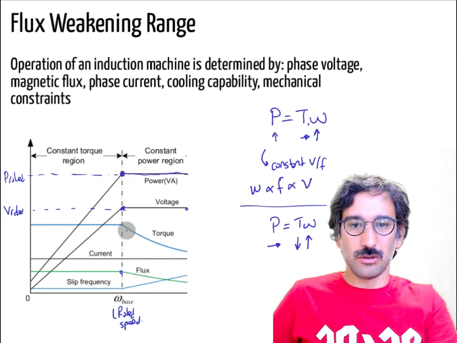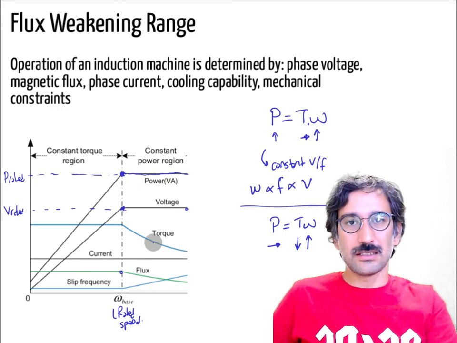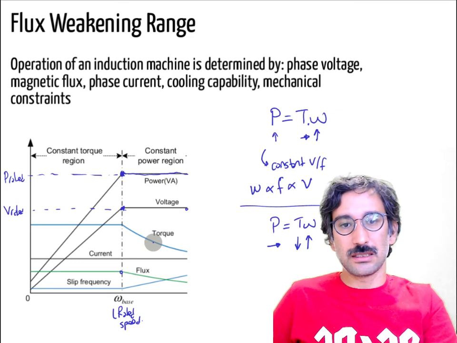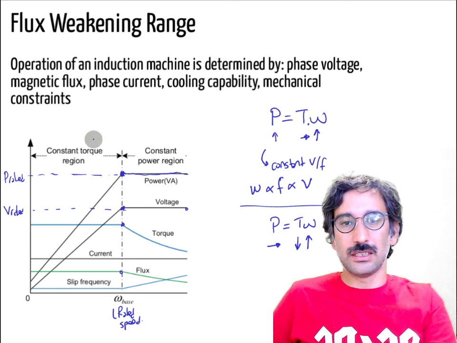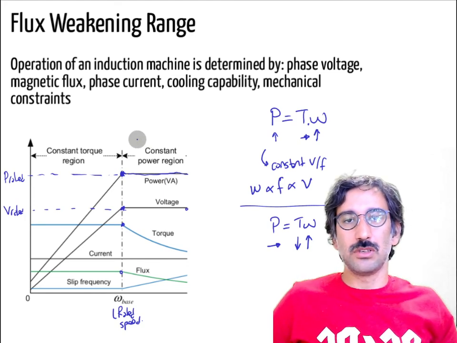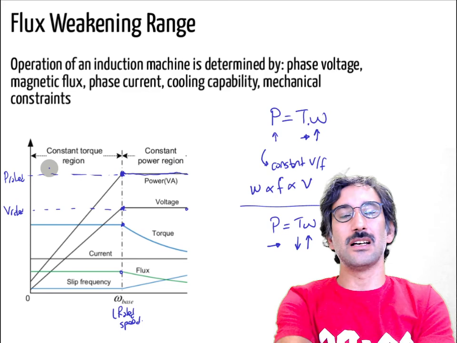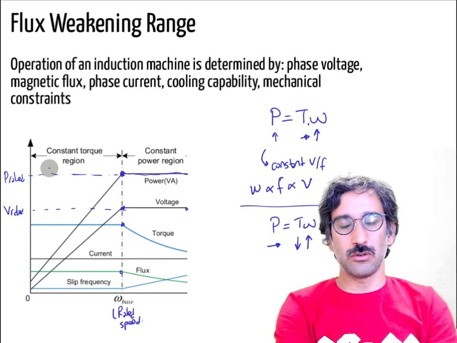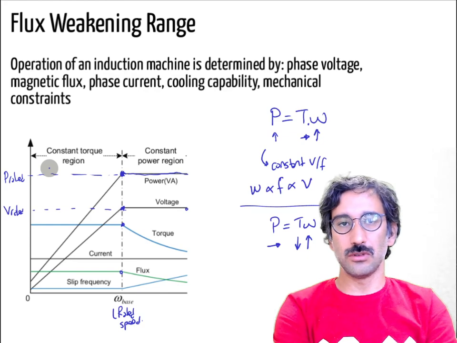Your acceleration can get smaller, but you can still manage to accelerate your motor or your electric car, whatever. So there are basically two regions in induction machines, and most of the time if you are running in the constant torque region, you can control by using a variable frequency drive, really quickly.